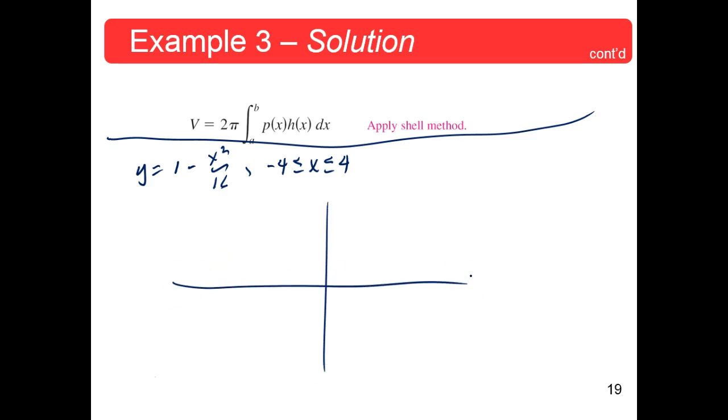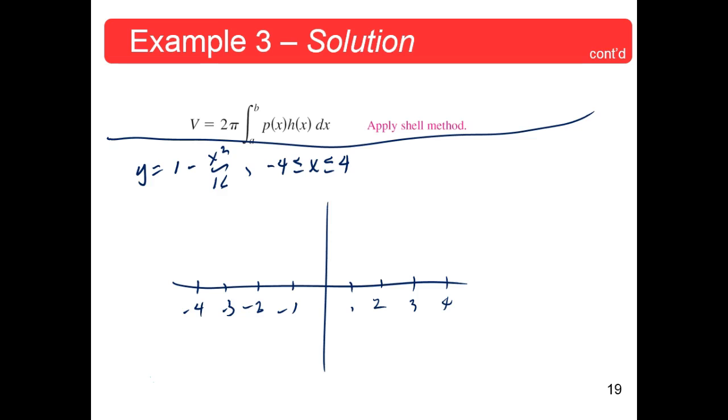Okay, I'm not going to need much. On the x-axis, this is going from 1, 2, 3, 4, and -1, -2, -3, -4.